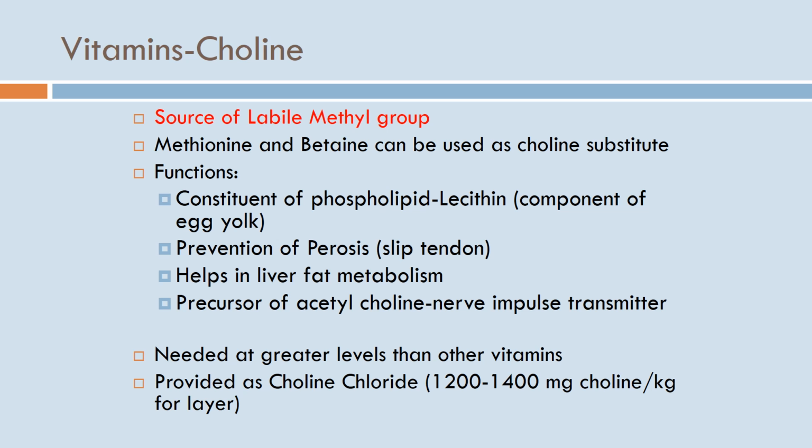Methionine and betaine can also be used as a choline substitute, and this vitamin is the constituent of phospholipid lecithin. That's a component of the egg yolk, and it helps in the prevention of cirrhosis and slip tendon. It regulates the liver fat metabolism, and it is also a precursor of a neurotransmitter or nerve impulse transmitter, which is known as acetylcholine.